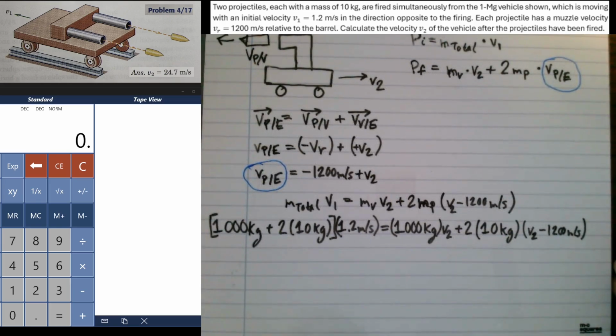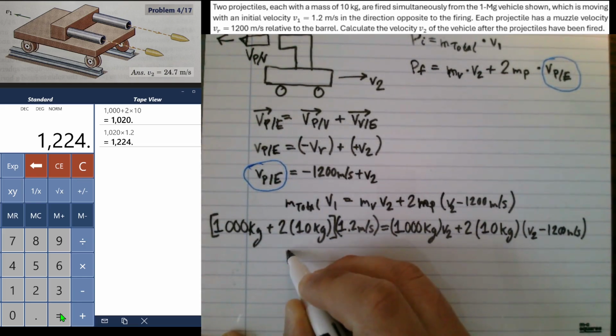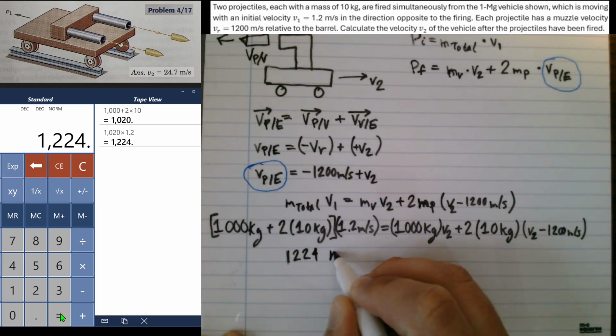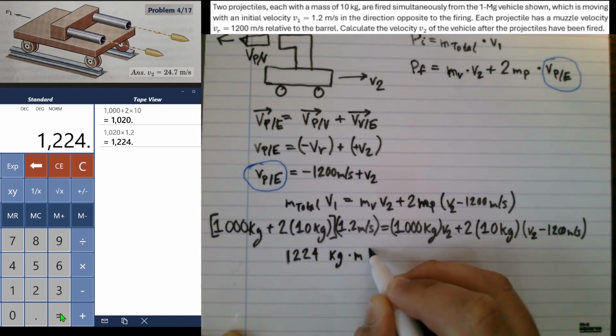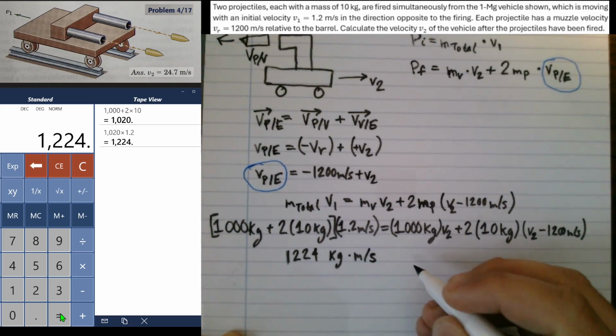Okay. So now we can go ahead and solve this. We have 1,000 plus 2 times 10, which is 1,020, times 1.2, which gives us 1,224 kilogram meters per second. There's no simpler unit for momentum.